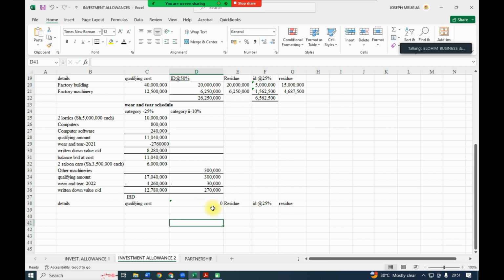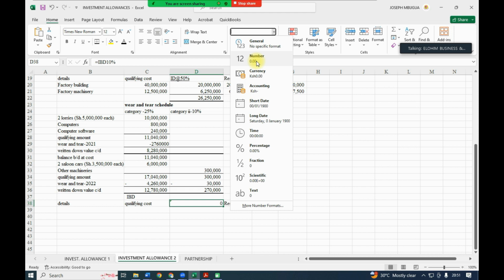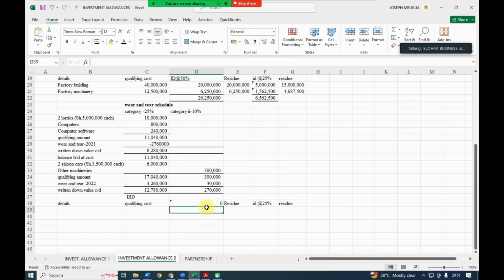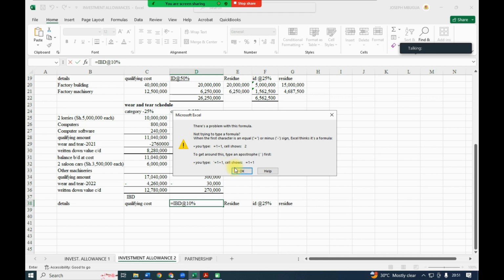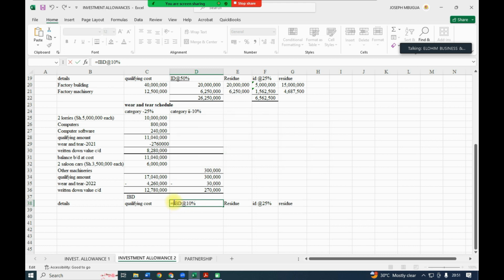So IBD at 10%. You're not supposed to include the equals, just that way.